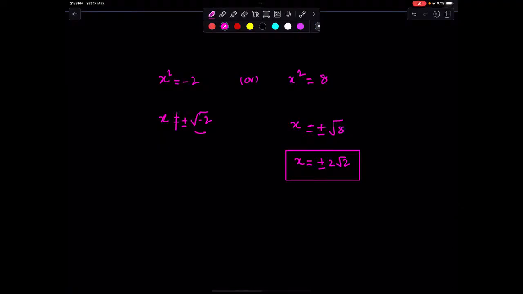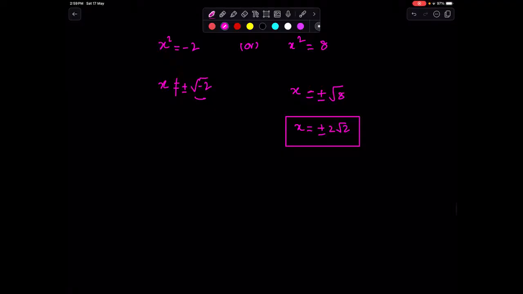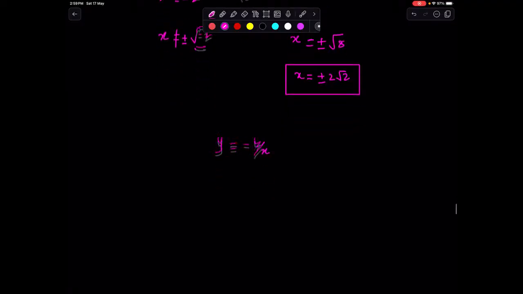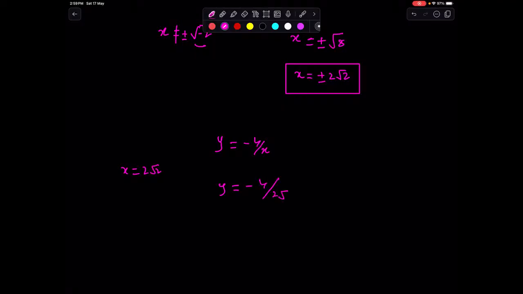Now the next we need y, and y was minus 4 upon x. So substitute 2 root 2 first. X is 2 root 2. So minus 4 upon 2 root 2, which will become minus 2 upon root 2. Now rationalize this.